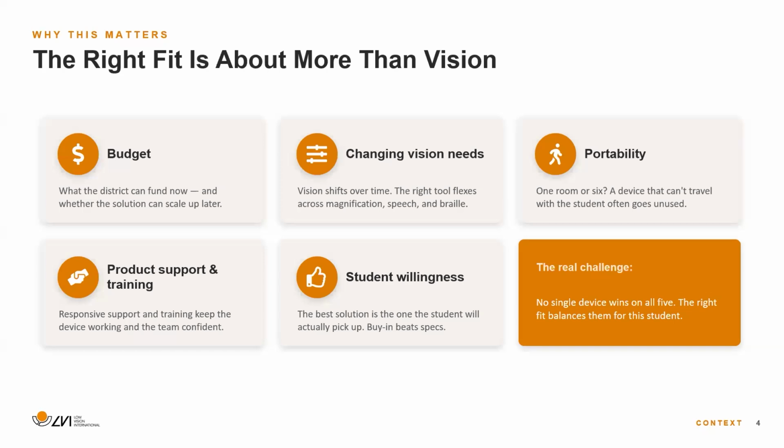Something we need to look at is, do we have a tool that can move from magnification, add speech, add some speech, add more speech, and that might transition into Braille and other types of tactile and audio learning.